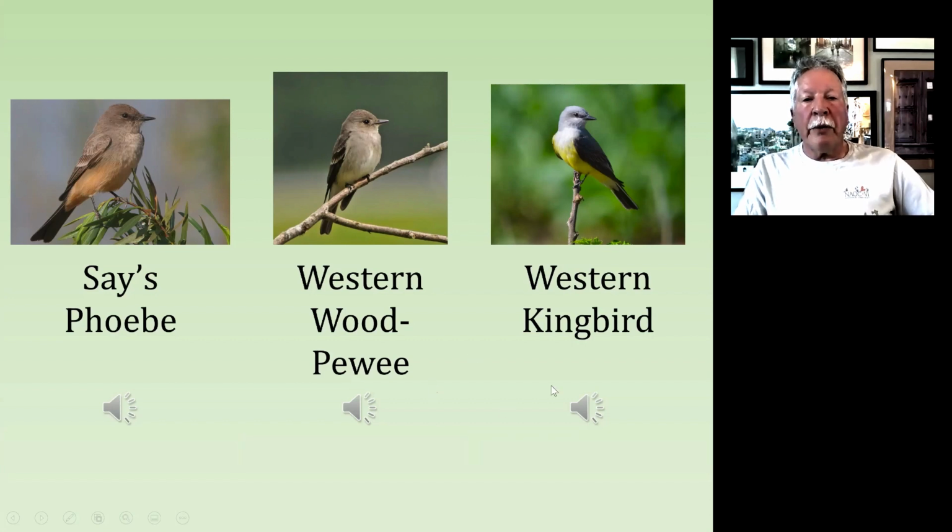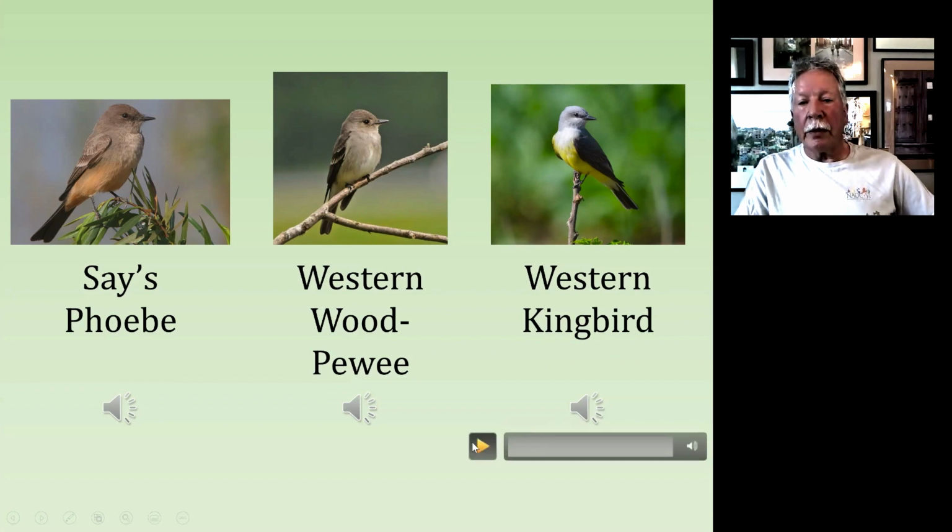The Western wood-pewee, also a flycatcher, also has a single note, but the quality is really quite different. It's buzzy. It tends to go up the scale. And then finally, Western kingbird, it's really not so much like phoebes and pewees because it's a very rapid twitter.